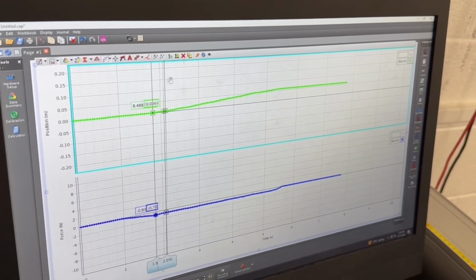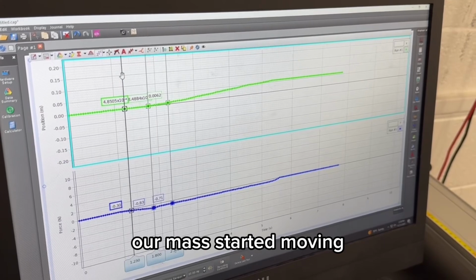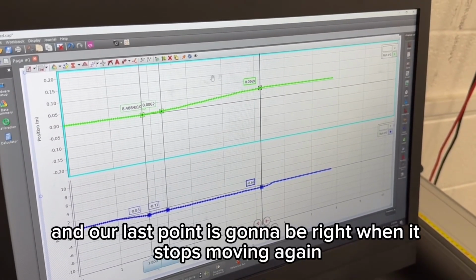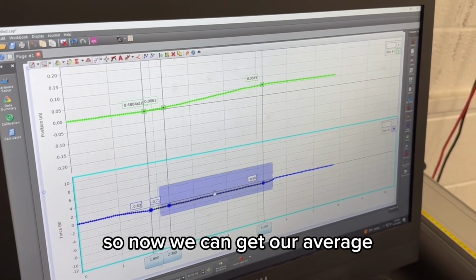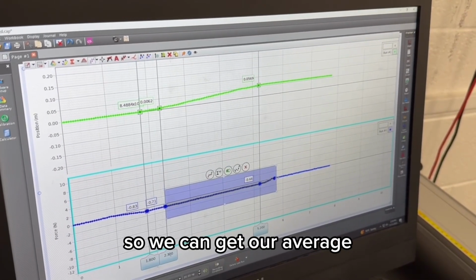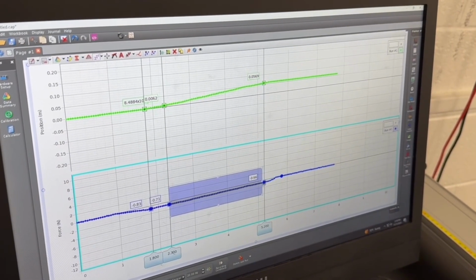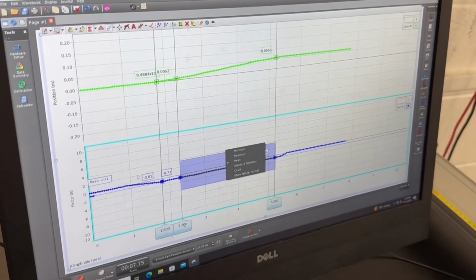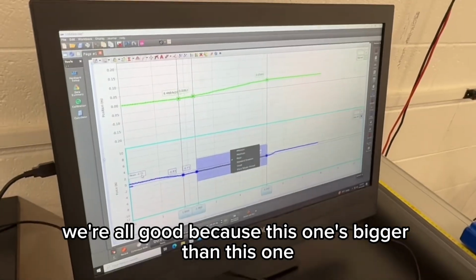And then our second point is when our mass started moving. And our last point is going to be right when it stops moving again. So now we can get our highlights, so we can get our average. We're all good because this one's bigger than this one.